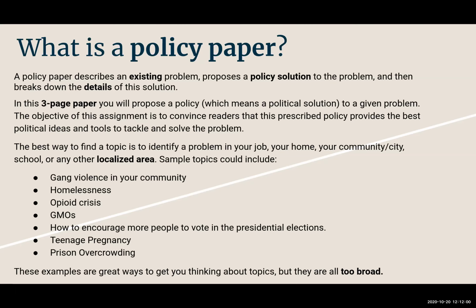The opioid crisis is also too broad to pick for this paper. You're going to need to narrow it down if you want to talk about opioid addiction. Same thing with prison overcrowding. You could talk about prison overcrowding in California, for example, or at a particular prison, or prison overcrowding in COVID, things like that, but just narrow down your scope. Okay, any questions about that so far?